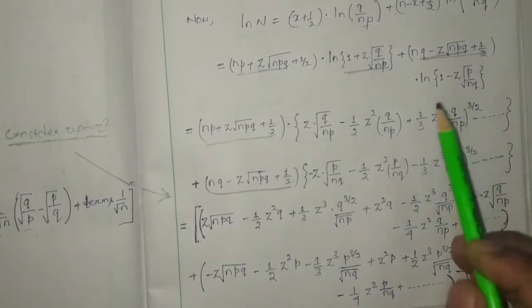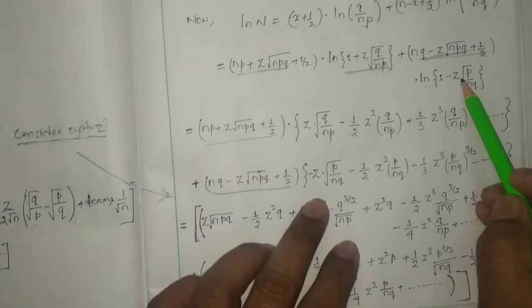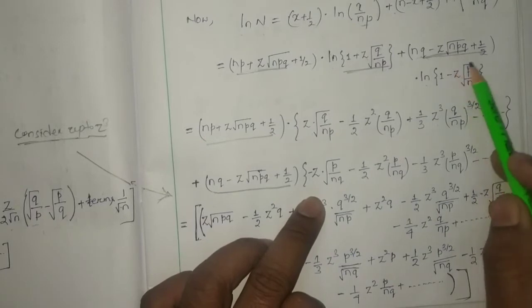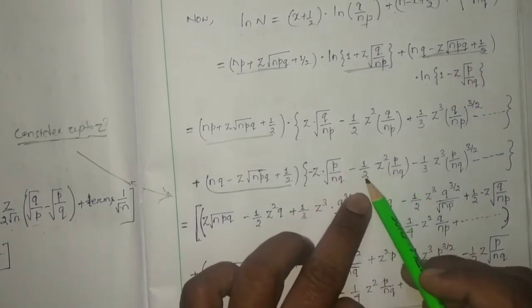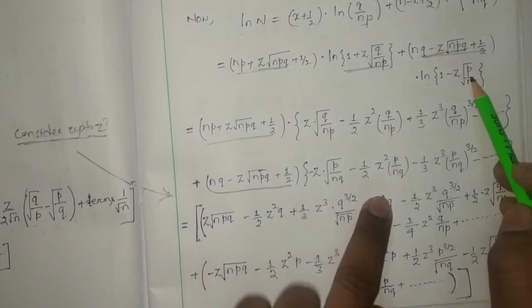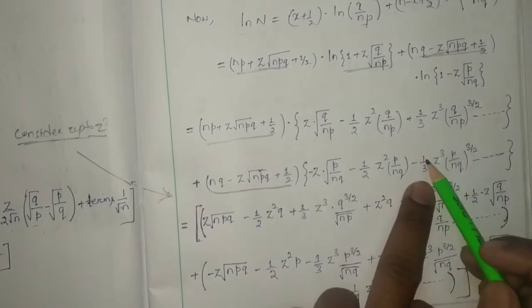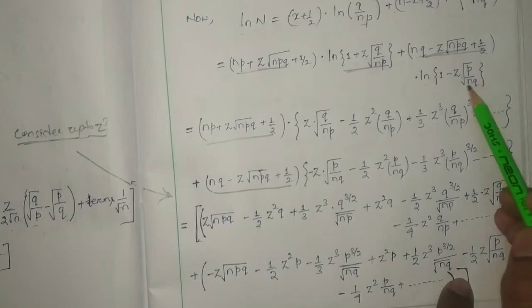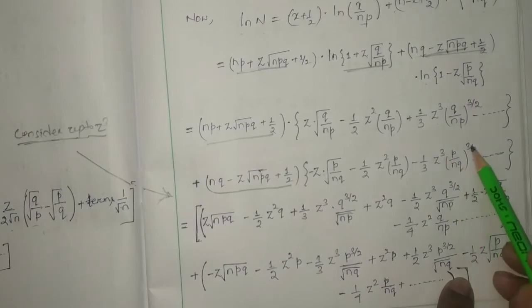Then ln of 1 minus x is going to be expanded as minus x, that means minus z into root over of p by nq, minus 1 by 2 square of this one, which is nothing but z square into p by nq, minus 1 by 3 cube of this one, which will be z cube into p by nq to the power 3 by 2, and so on.